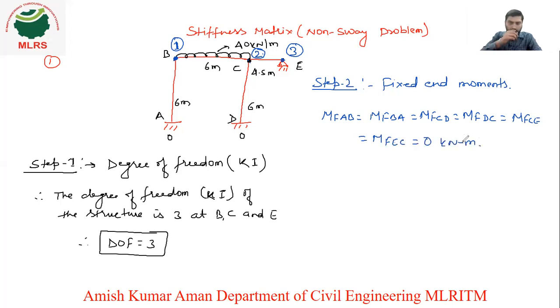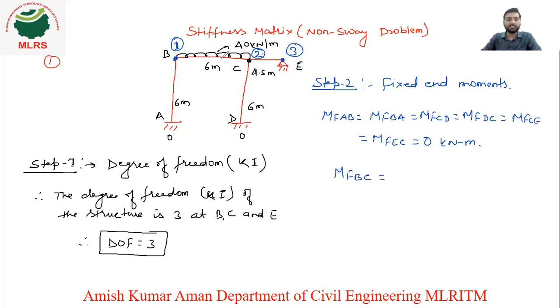Why? Because AB span has no load, CD span has no load, CE span has no load. If no loading condition is there, then the fixed end moment will simply be 0.